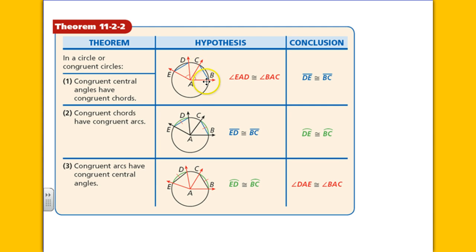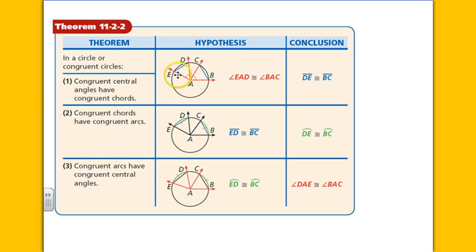They're equal in measure. And we can also say that congruent chords have congruent arcs. So if I know I have congruent chords, I can also say something about these angles and their arcs as well. Finally, the third thing we can say is congruent arcs have congruent central angles.